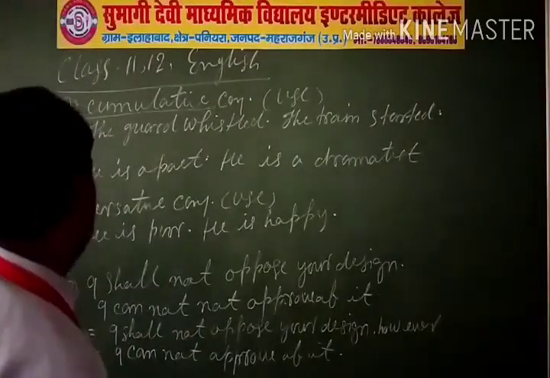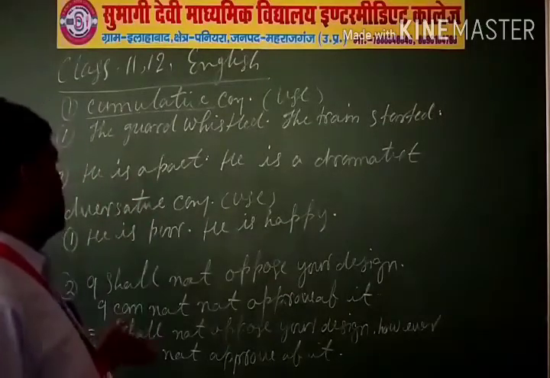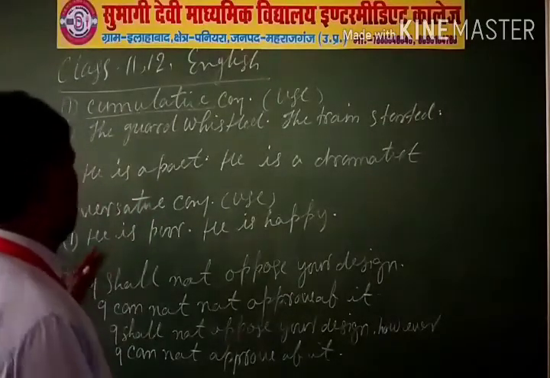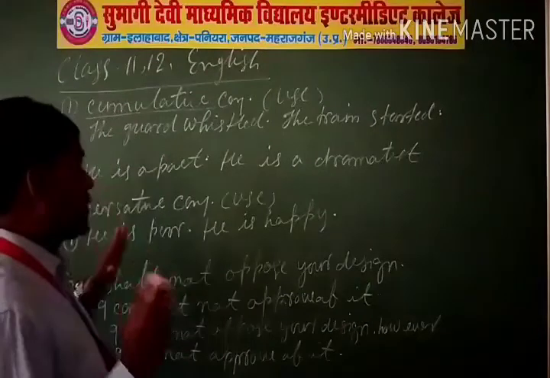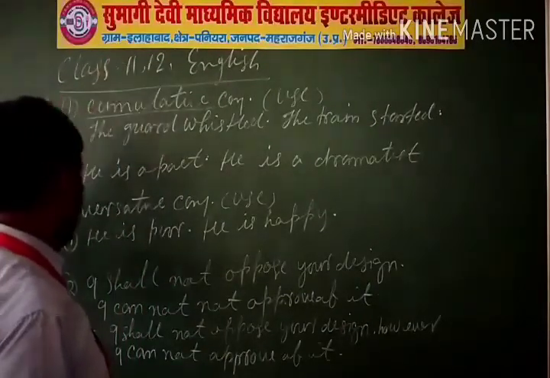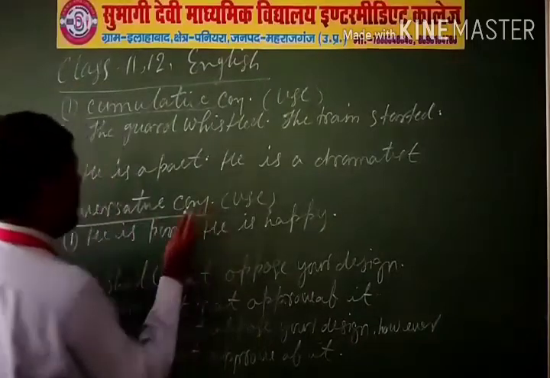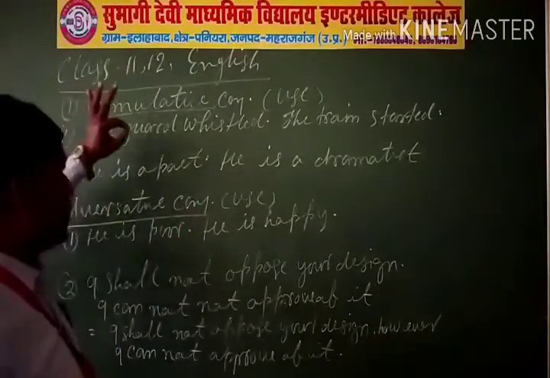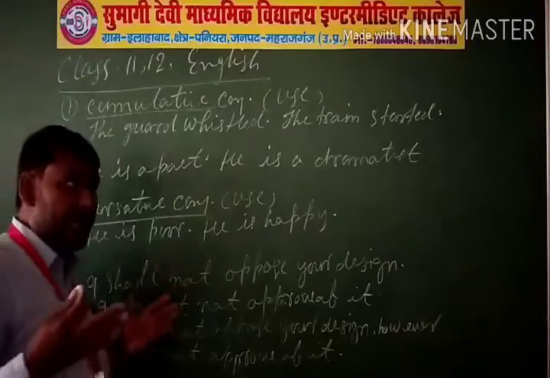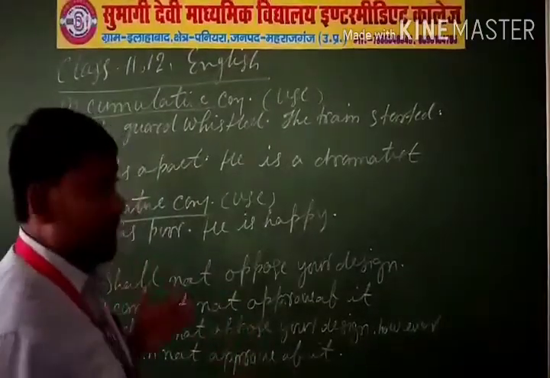So today I will teach you how to add two conjunctions, cumulative and adversative. By adding two conjunctions, we have to learn how to add two or more simple sentences into one compound sentence.